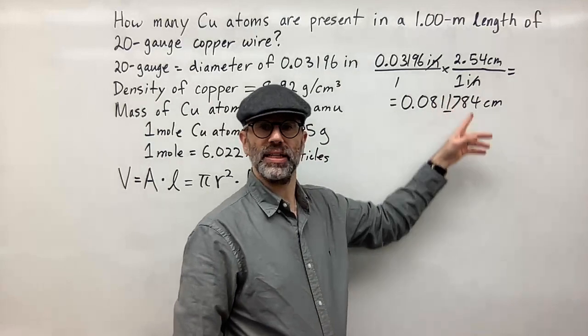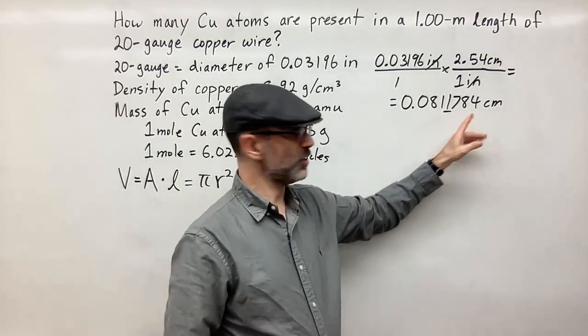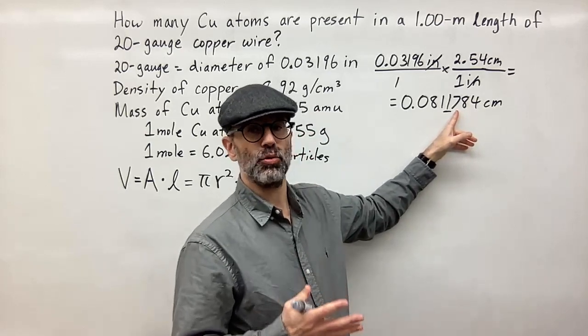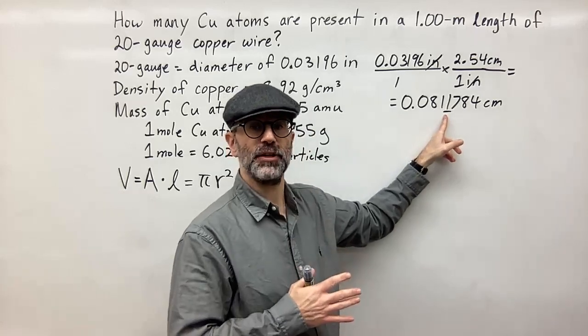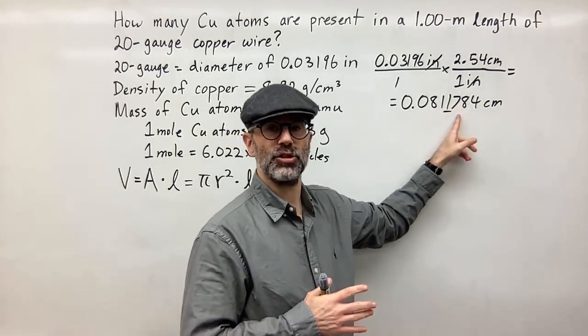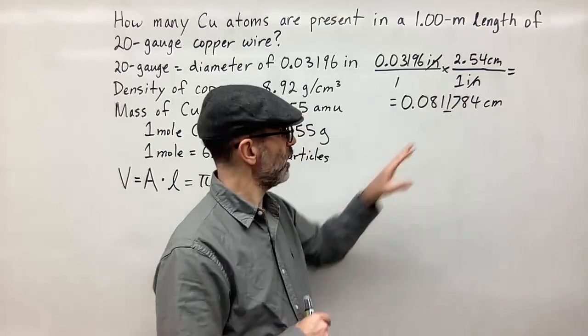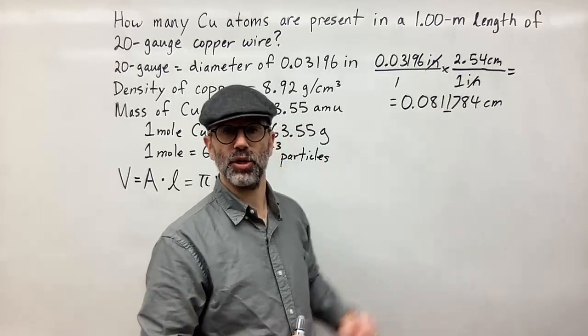But I do need this number later on, so I'm going to keep the rest of the digits. You actually should keep 1 extra digit. That's the rule of thumb: whatever number of sig figs you have, keep 1 extra digit to avoid rounding error, because you're going to use this later in further calculations, which we're going to do here.